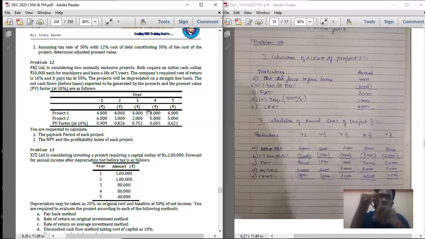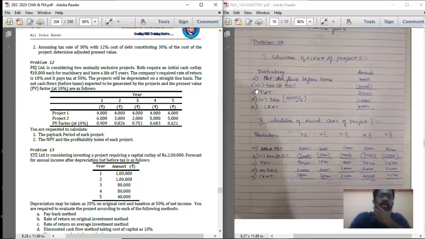From that, first you deduct depreciation, then it becomes PBIT, which is EBIT, earnings before interest and tax. From that, if you deduct interest, you get EBT, which is nothing but PBT, profit before tax. Here they have given net cash flows before tax, so you have already deducted interest and depreciation.